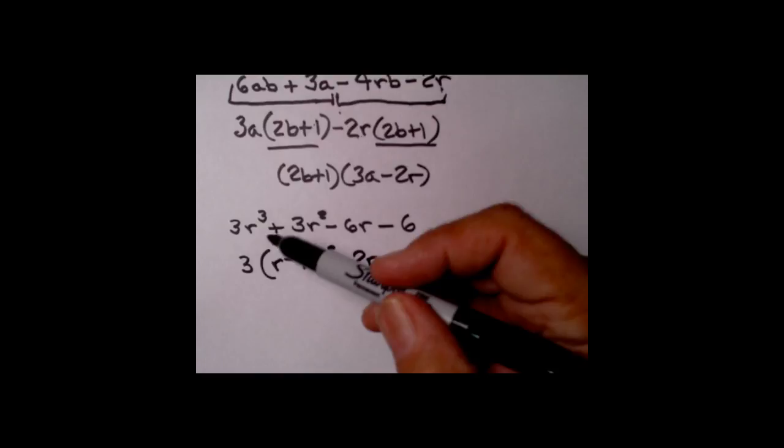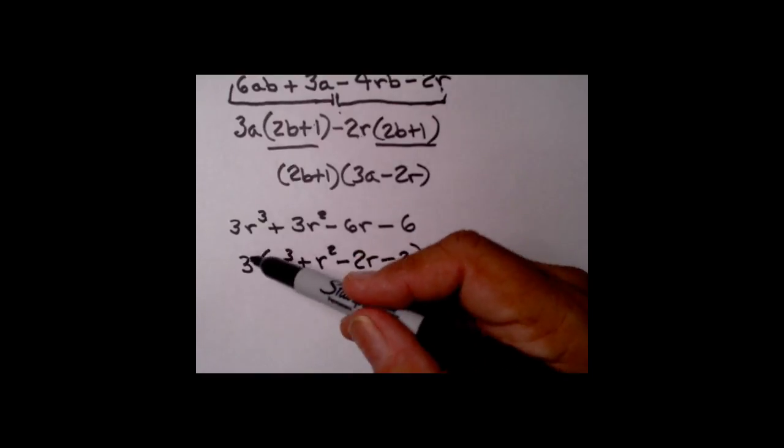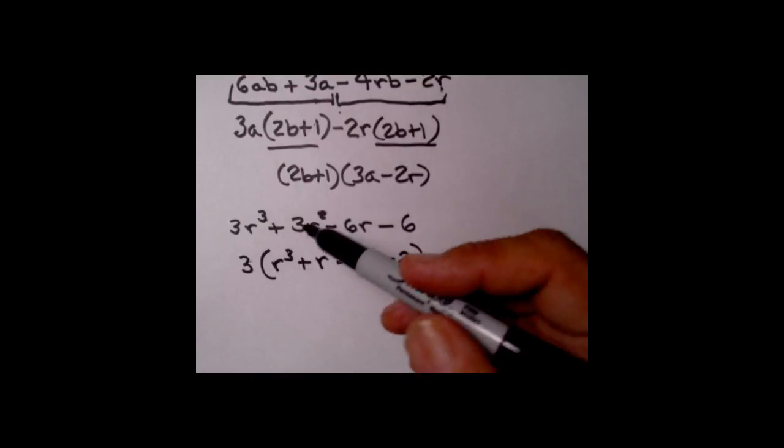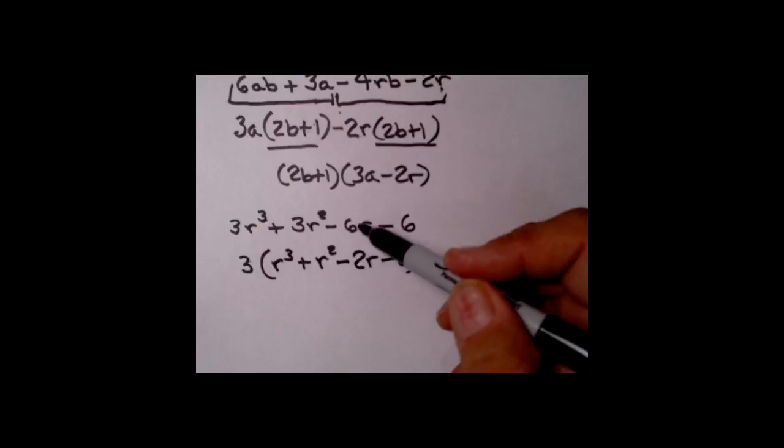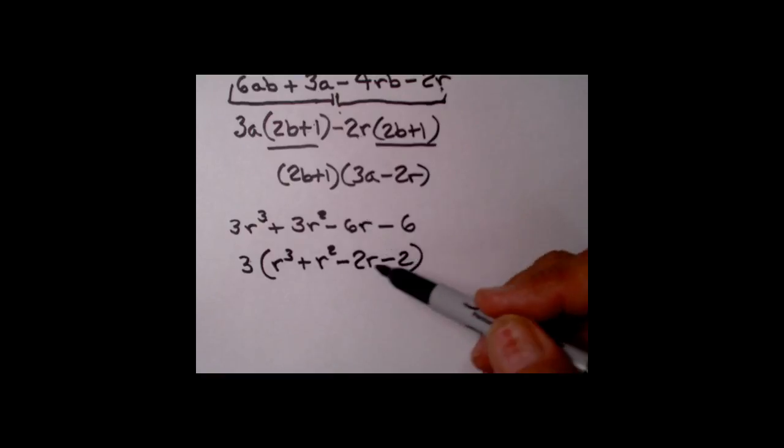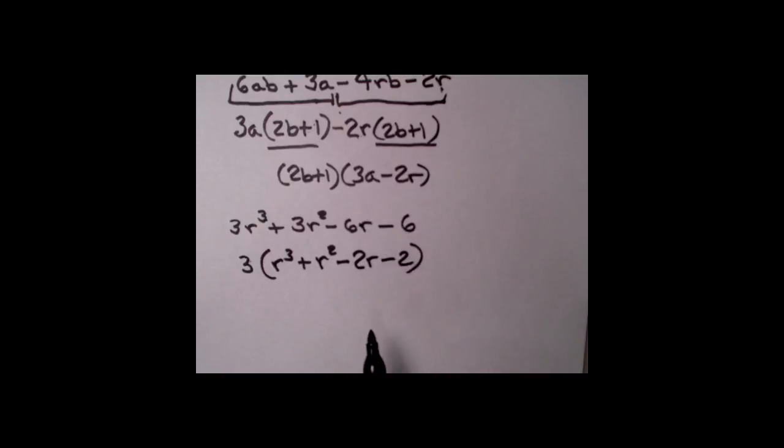Now double check this. 3R cubed, there it is. 3 times R squared, there it is. 3 times negative 2 is negative 6 in the R. 3 times negative 2, negative 6. So we were able to get a GCF out of all of them. That means what's left is going to be easier to work with.